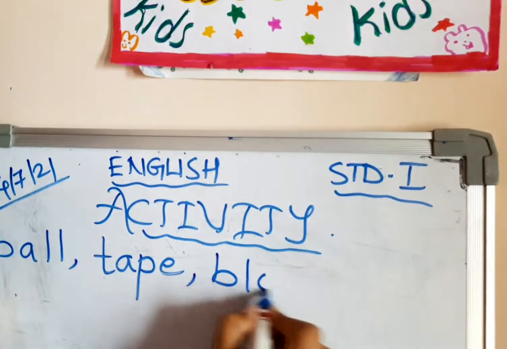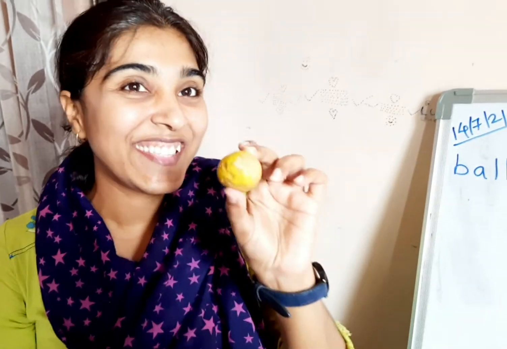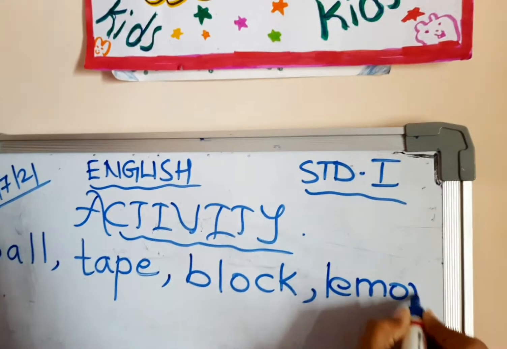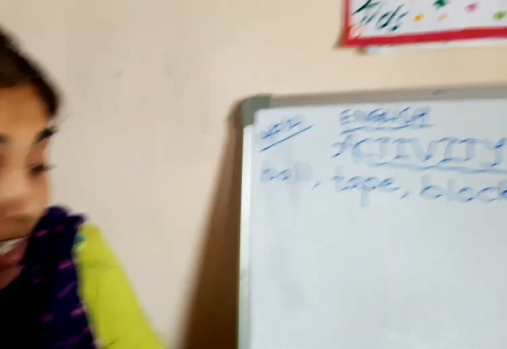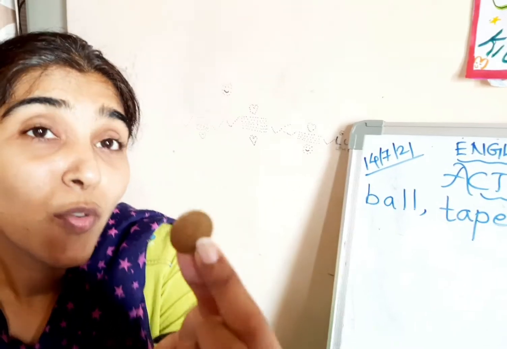One more thing that we play with is a block, a playing block. So I will write here as block. The next thing, I wish to drink a lemonade, right? So this is a lemon. The next thing, would you like to have something with this 5 rupee coin?